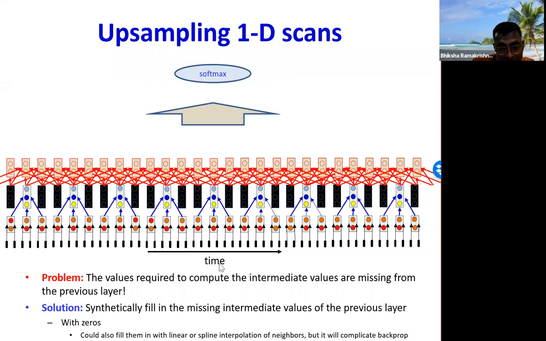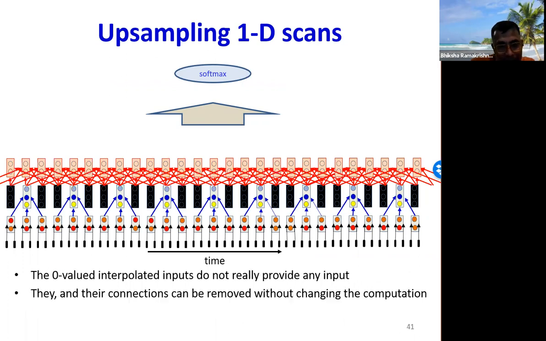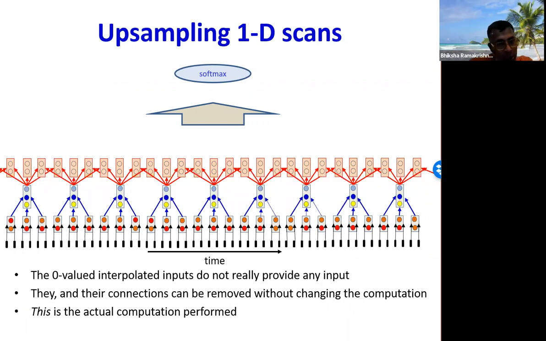That's likely going to be a slightly better solution, right? Although you'll have issues when you're doing backprop. But then, if I introduce zeros, here's what happens. These zero guys, are they contributing anything to the output? They're not. You're multiplying zeros with weights and adding them, right? So the effective computation you're performing is just this. The rest of them never contributed anything to the output.